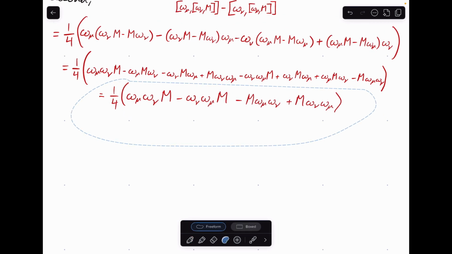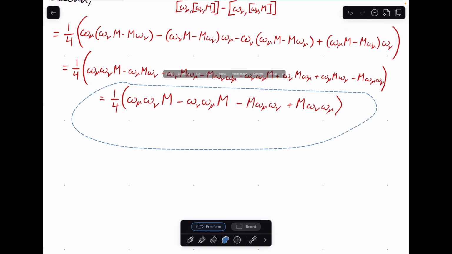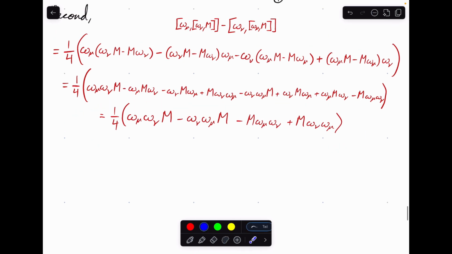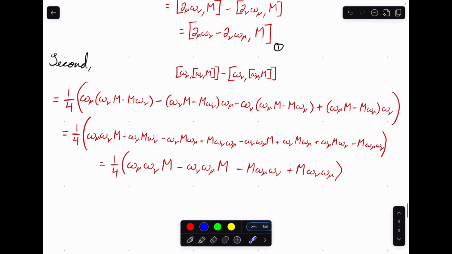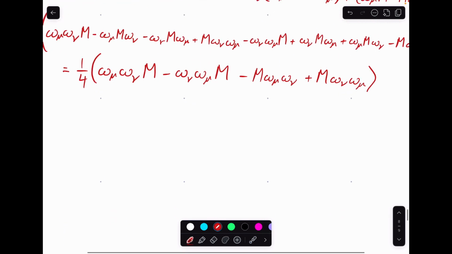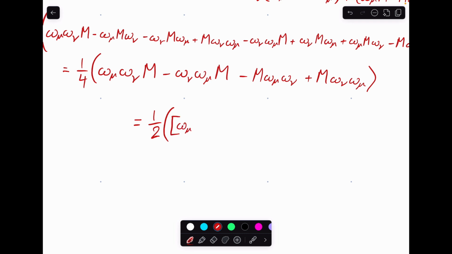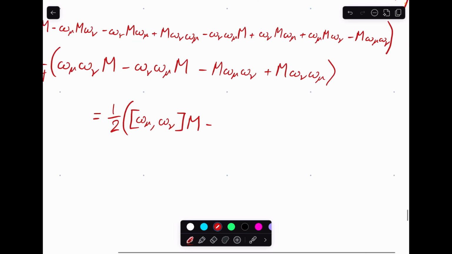So now I'm going to apply the definition of a commutator again. I'm going to do the reverse thing. So again, using this equation, we now just have a factor of 1 over 2, and we're going to have the commutator of omega mu and omega nu times m, and then minus m times omega mu omega nu.